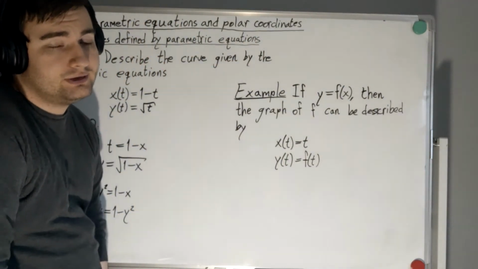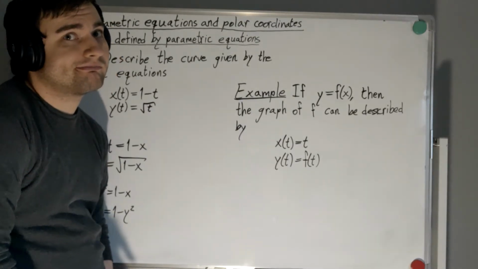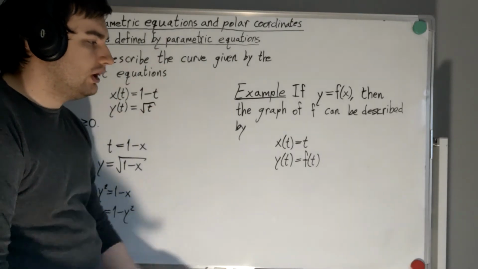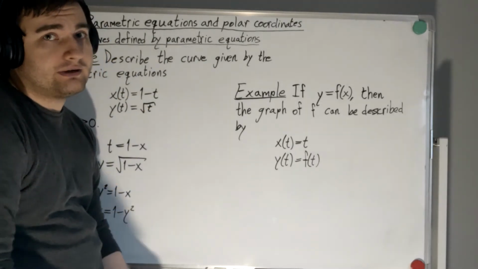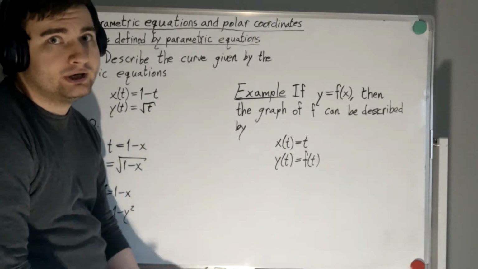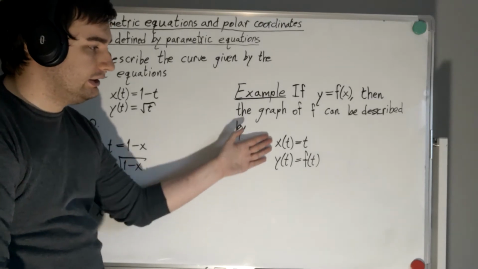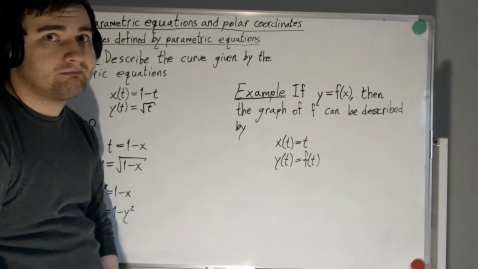Regardless of what f is, this will always be a parametric description of your graph. Because after all, the graph is literally just the set of points x, y, such that the y-coordinate is f of the first coordinate. And no matter what t is, this would satisfy that.